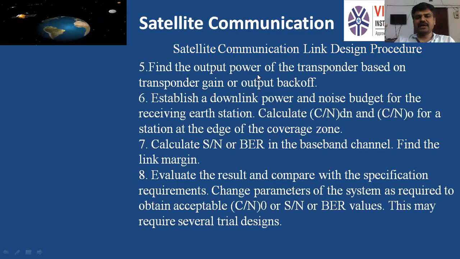The fifth one is to find the output power at the transponder based on the transponder gain. The sixth one is to establish a downlink power and noise budget for the receiving earth station, and then calculate the C by N for the downlink.